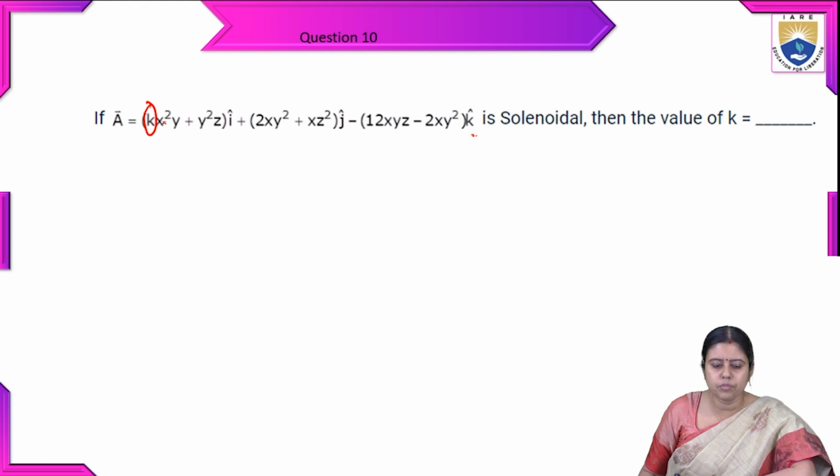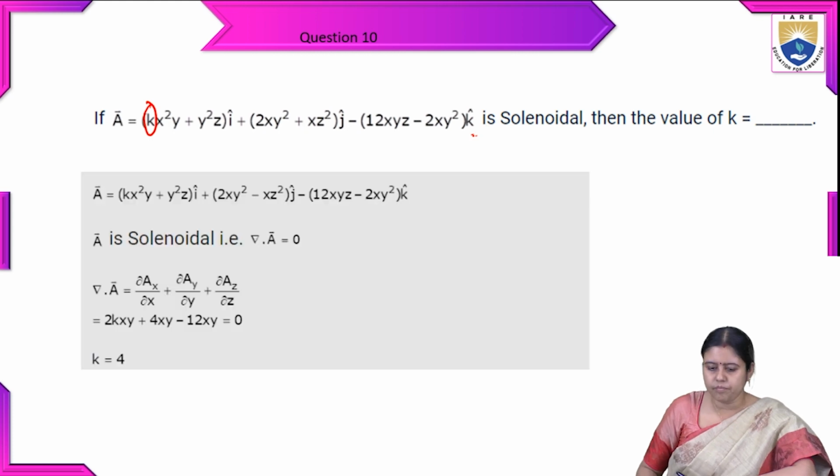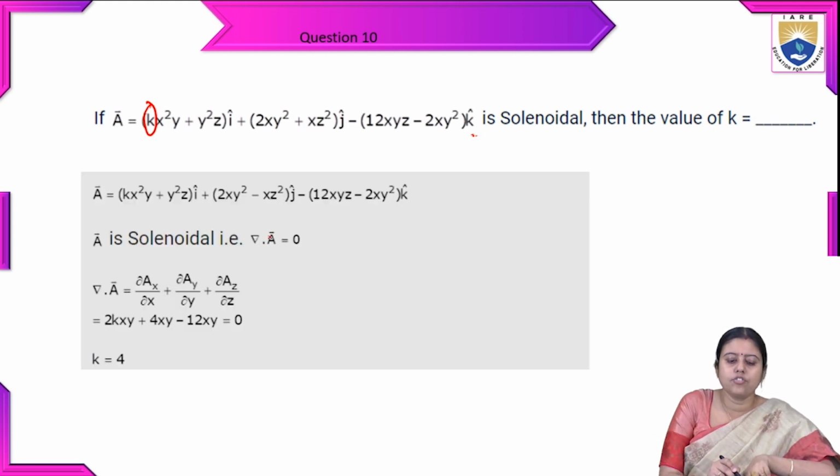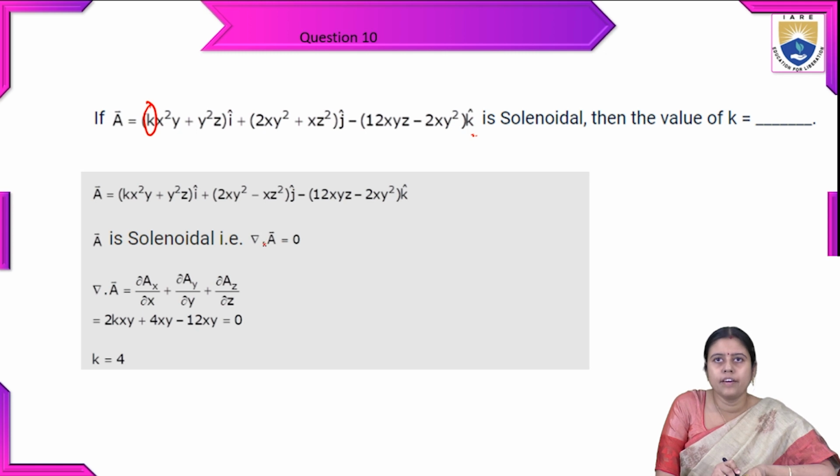So how to solve this problem? It is solenoidal means grad dot A is equal to 0. So grad dot A means del by del x Ax plus del by del y Ay plus del by del z Az.